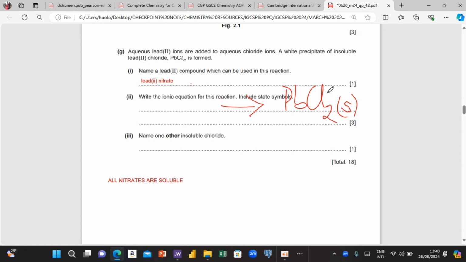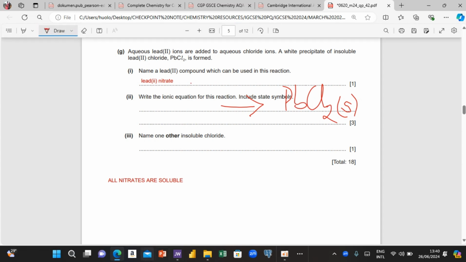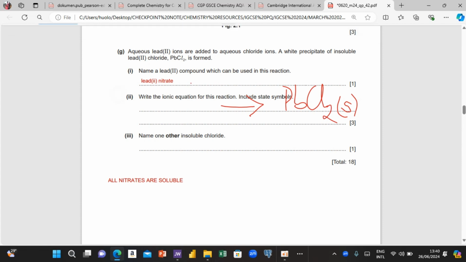When we write the formula for a compound, and in fact they've given you the formula of the compound already, remember the charges are usually swapped among the particles involved. So if lead has given 2 to the chloride, then you can tell that you are having lead 2 plus.